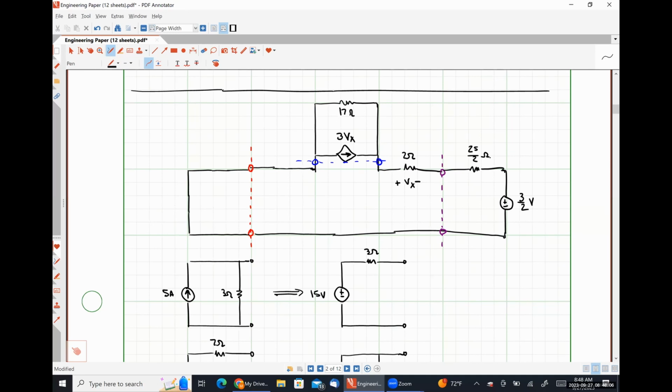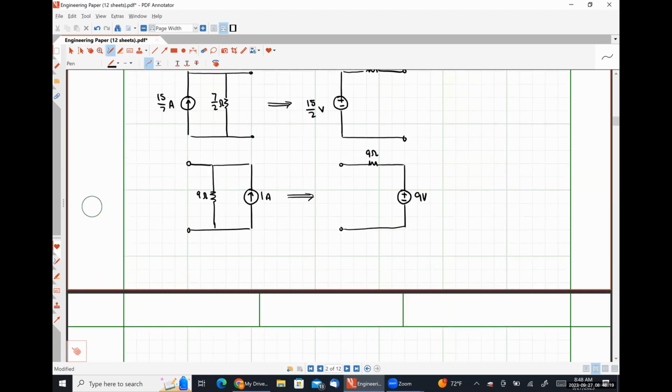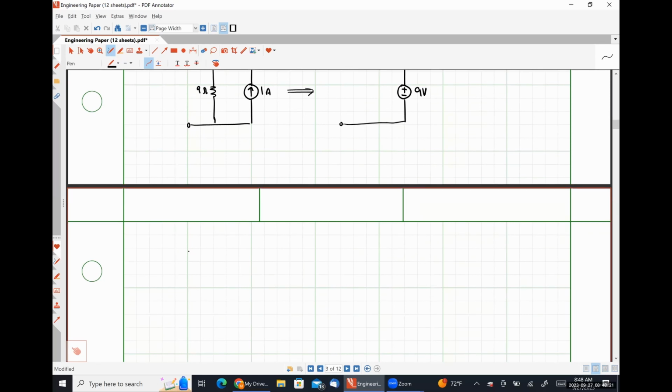All right. So I'm going to transform my dependent practical source here on top into a practical voltage source containing a dependent source. And so I'm going to do the exact same rules here. So my network looks something like this, where I have a 17 ohm resistor in parallel with a 3Vx current source.